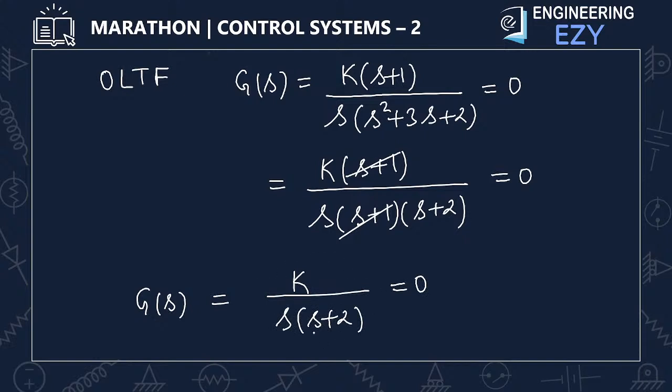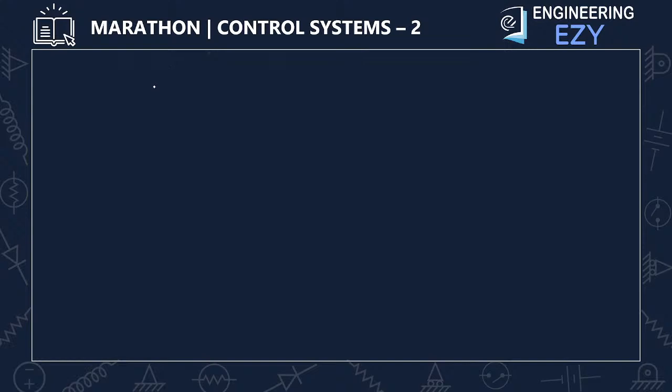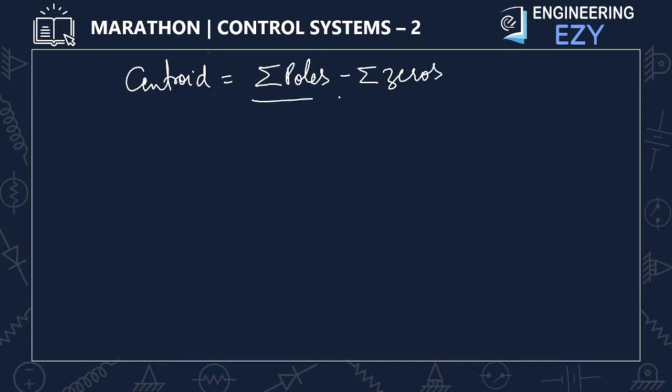Now you can calculate the centroid very easily. What is the formula for centroid? Centroid is summation of poles minus summation of zeros upon P minus Z. Summation of poles: one pole is at origin, one pole is at minus 2.